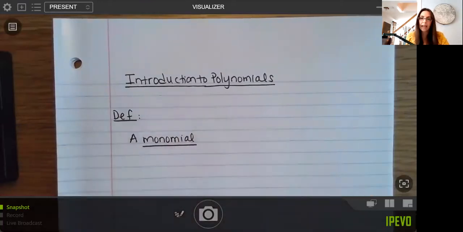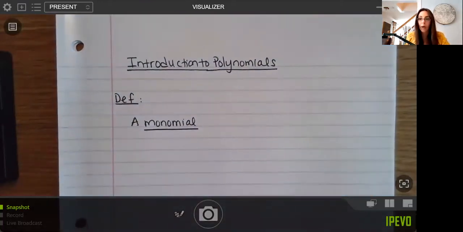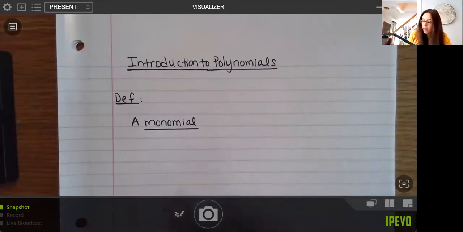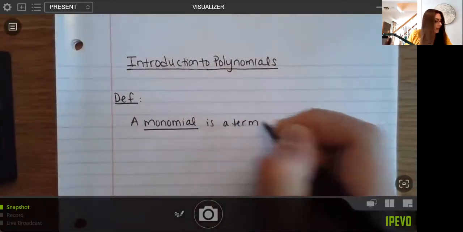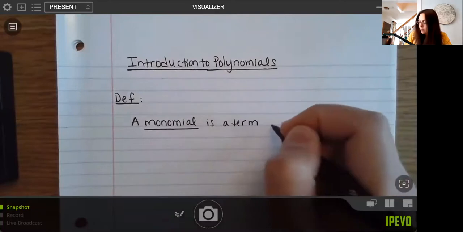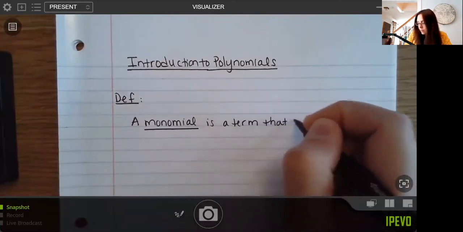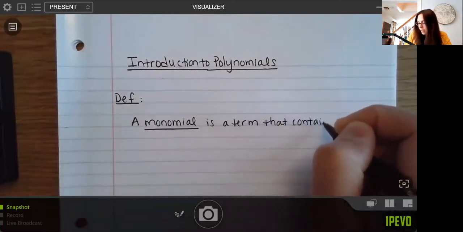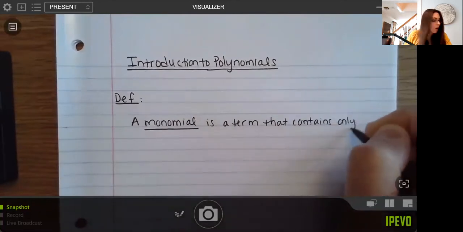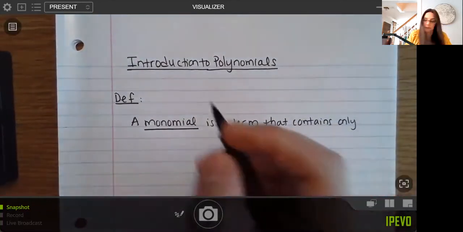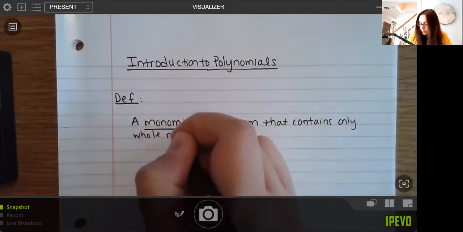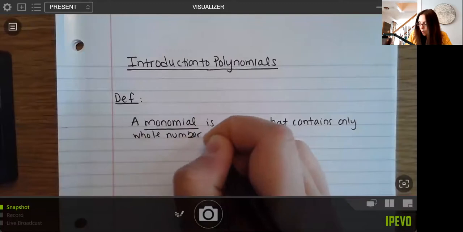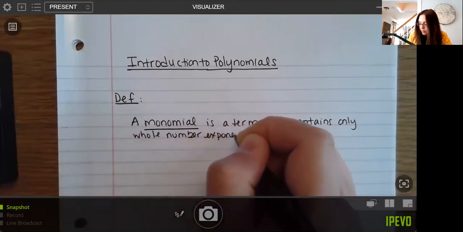So the most basic type of polynomial is actually a monomial. So what is a monomial? A monomial is a term that contains only whole number exponents.